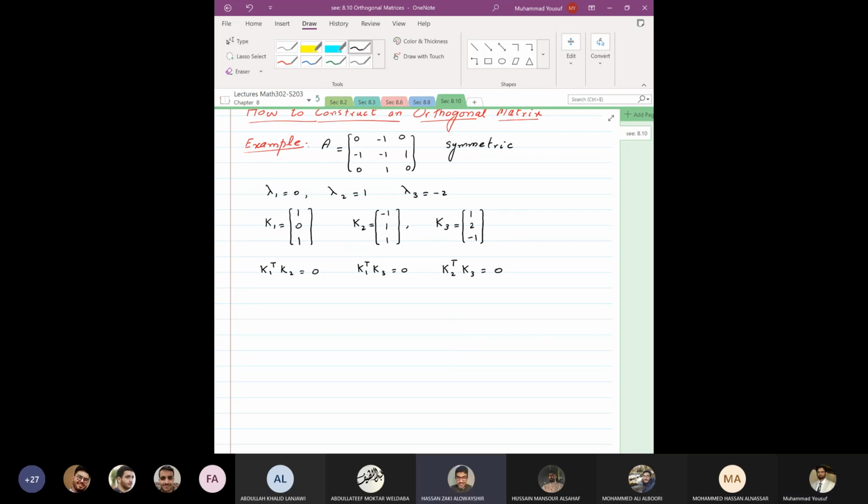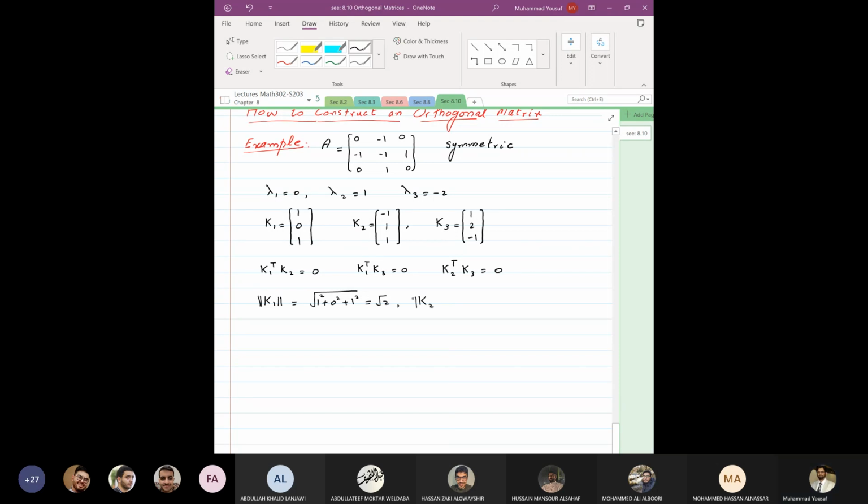Square root of 2. You can say it like this: the K1 norm is equal to 1 square plus 0 square plus 1 square, and then square root, so it is square root of 2.